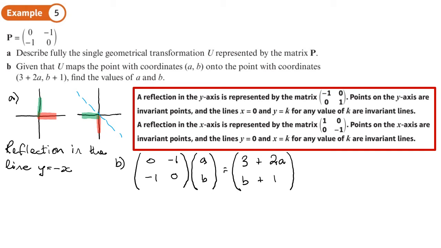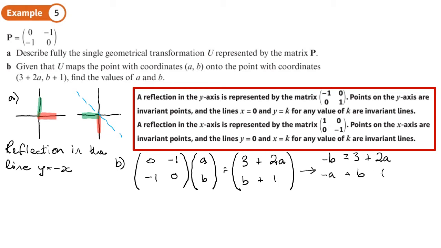So now it's just a matter of turning that into an equation and solving it. So we'll get 0A minus B. Okay, so from the top row, 0A minus B, or so negative B, will equal 3 plus 2A. And from the bottom row, you'll get -A plus 0B, or just -A, equals B plus 1.